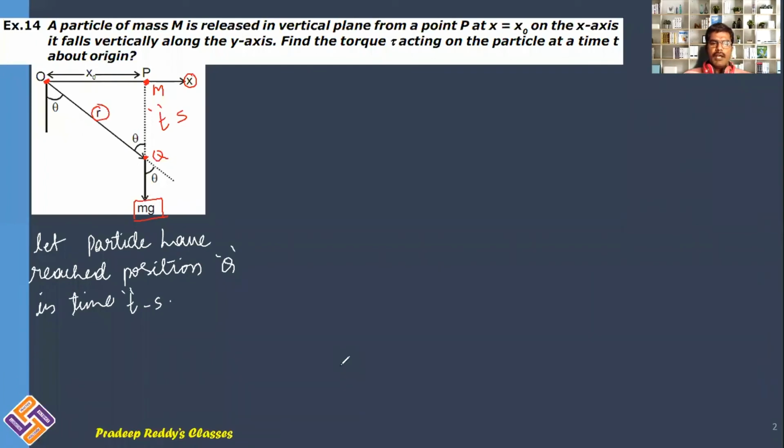In order to handle this kind of situation, let me take this position as O and this position as Q. At this point there is gravitational force acting in the downward direction, mg.